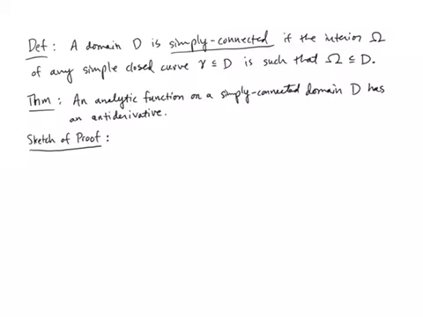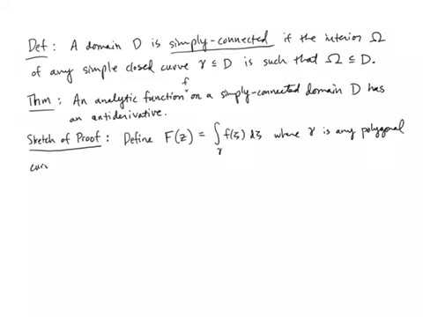Okay, so we'll define, for an analytic function little f, capital F of z to be equal to the integral along gamma, I'll tell you what gamma is in a second, of f of zeta d zeta, where gamma is any polygonal curve from some fixed z naught in D to z.